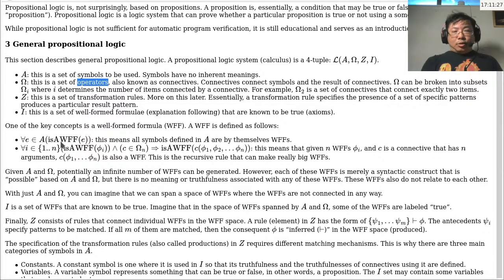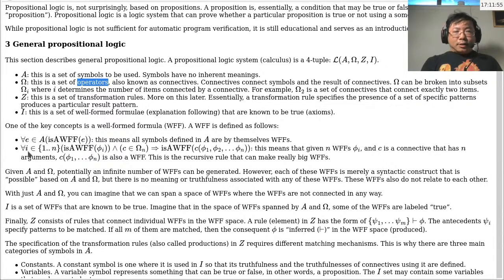And I'm using the universally quantified statement. Everything in A is a well-formed formula by itself. So whatever element you put into alpha, each element is already a well-formed formula by itself. Later on, I'll tell you exactly what kind of stuff we put into alpha.